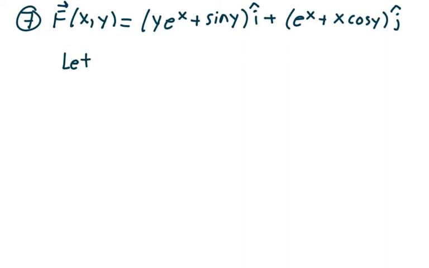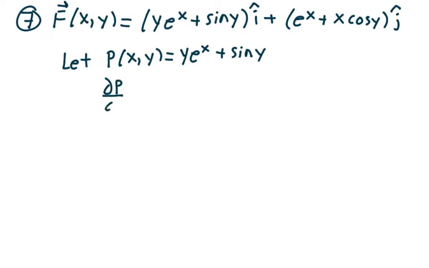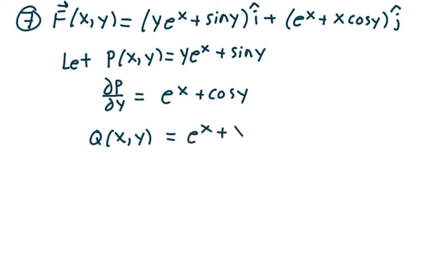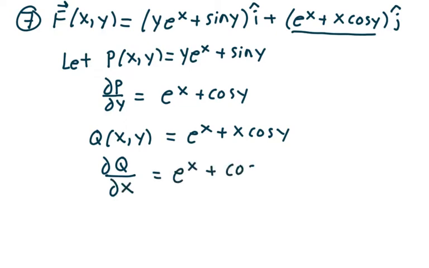So if I let p of xy equal y e to the x plus sine of y, I'm going to do the partial of p with respect to y, and I'm going to get e to the x plus cosine of y. And I'm going to take q of xy and set it equal to e to the x plus x times cosine of y. And then notice how that's the second component over here. So if I take the partial, I get e to the x plus cosine of y.